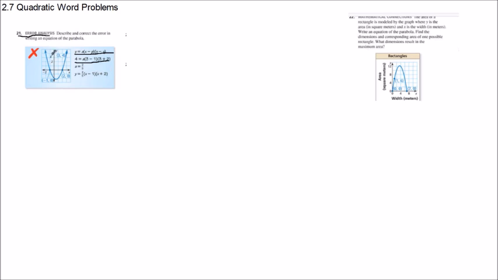Okay, 5 seconds over. So how do we make an equation with this y equals a times x minus p, x minus q form? Well, p is one of the roots of the equation. q is also another one of the roots, one of the solutions.